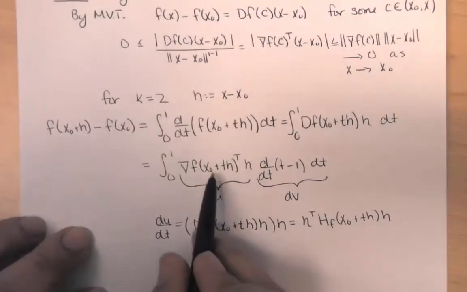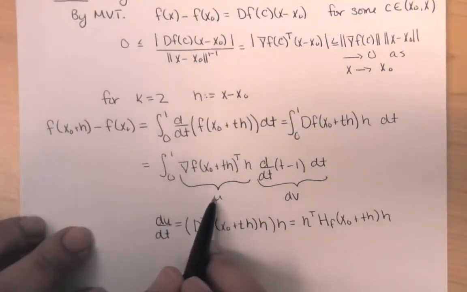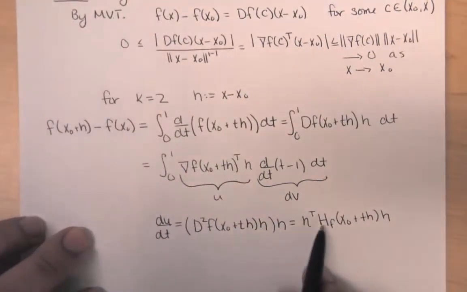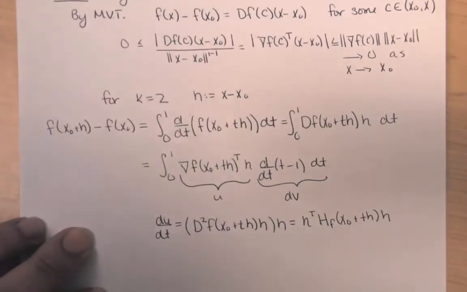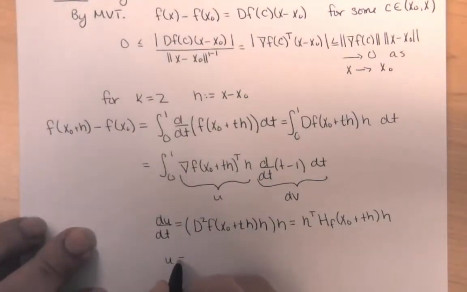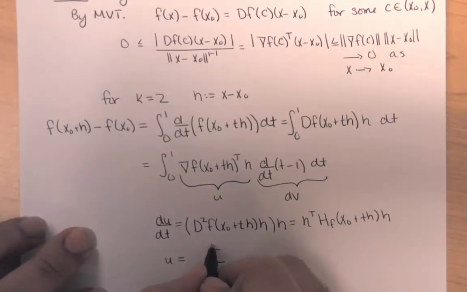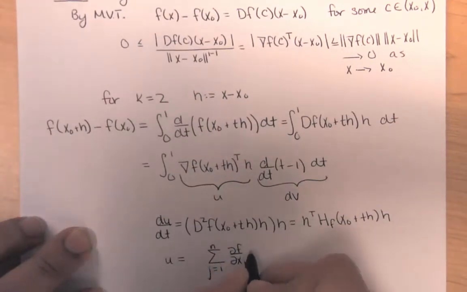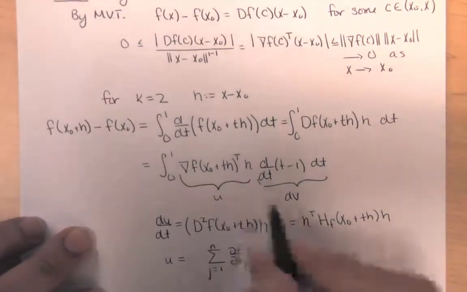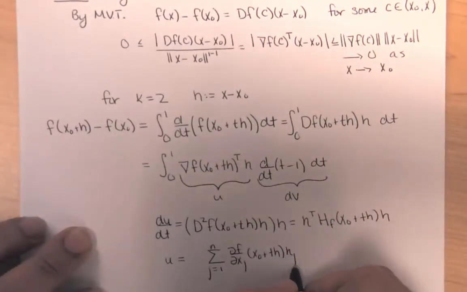Of course, another way of thinking about taking the derivative of u, or another way of seeing that this result is true, is, well, u is equal to the sum from j equals 1 to n of all my partial derivatives of f evaluated at x naught plus th times the entries of h.